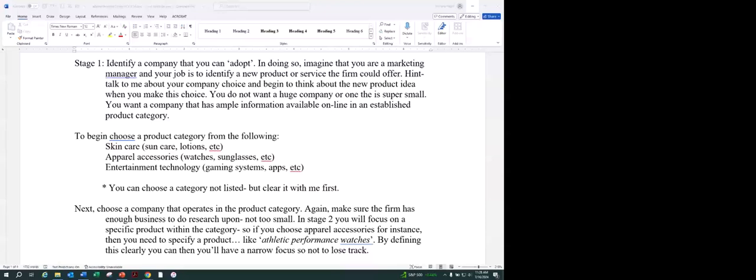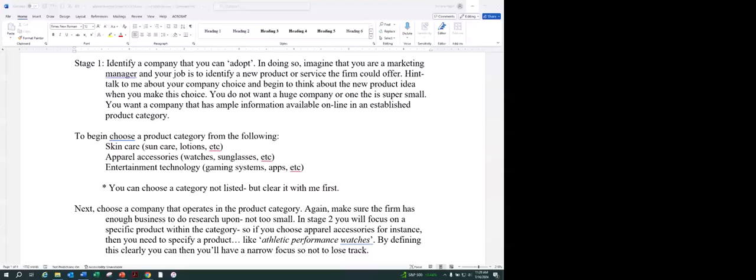One, of course, would be the company that you choose and the resources that company has to create or to offer the product that you ultimately propose. So if a company is really good at doing something, then the new product you offer may be a result of what it is that they're good at doing. However, if you choose a new product idea, but the company doesn't really have the skills or the resources to do that, or if that product doesn't really make sense in the company's portfolio of products, then you're going to run into trouble because it just doesn't make sense.